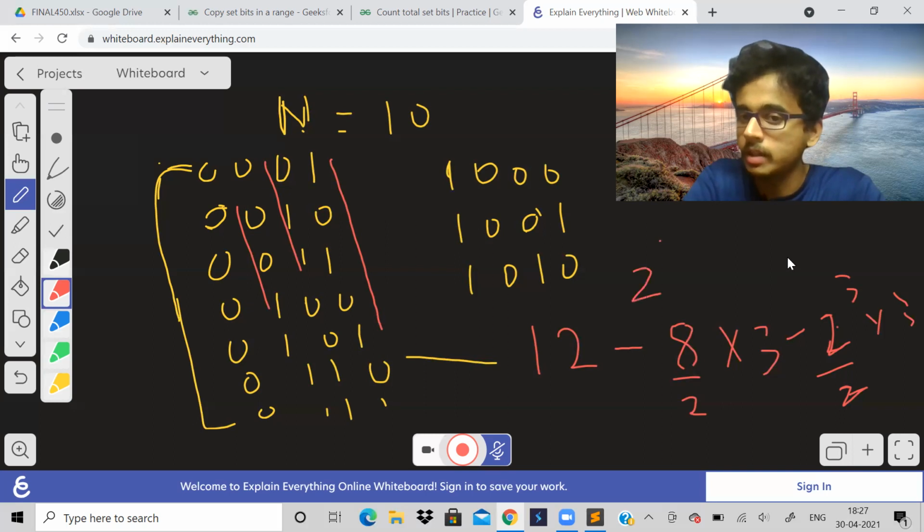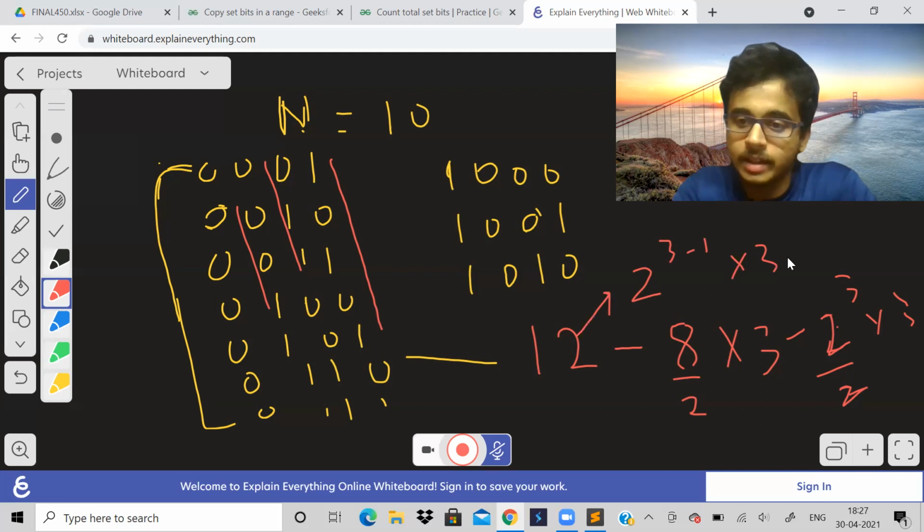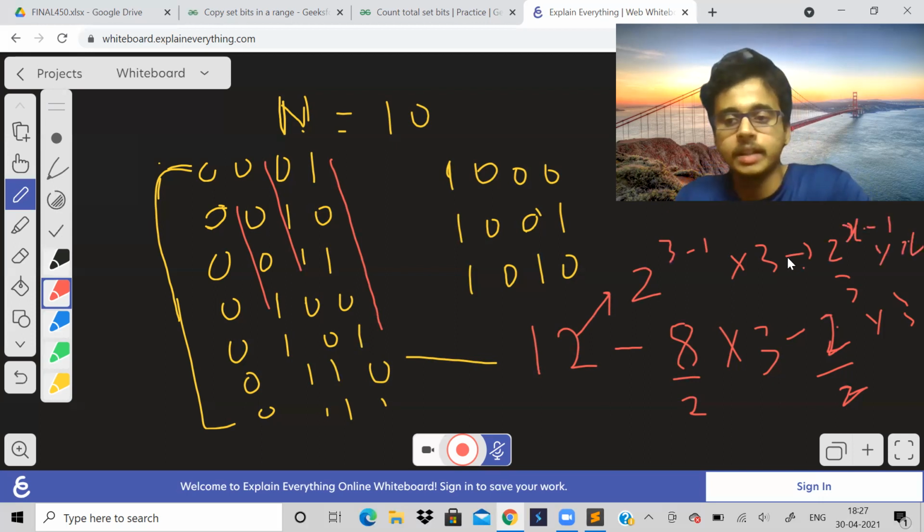It is 2 power 3 minus 1 into 3. So 12 can be written like this, 2 power 3 minus 1 into 3. This can also be written as 2 power x minus 1 into x.